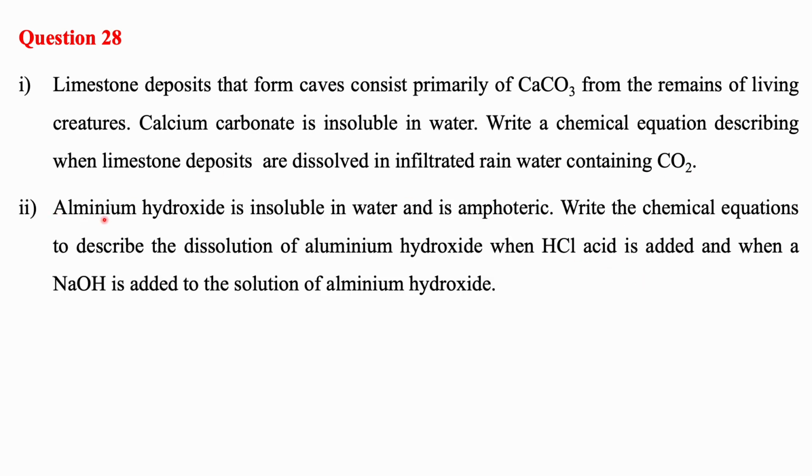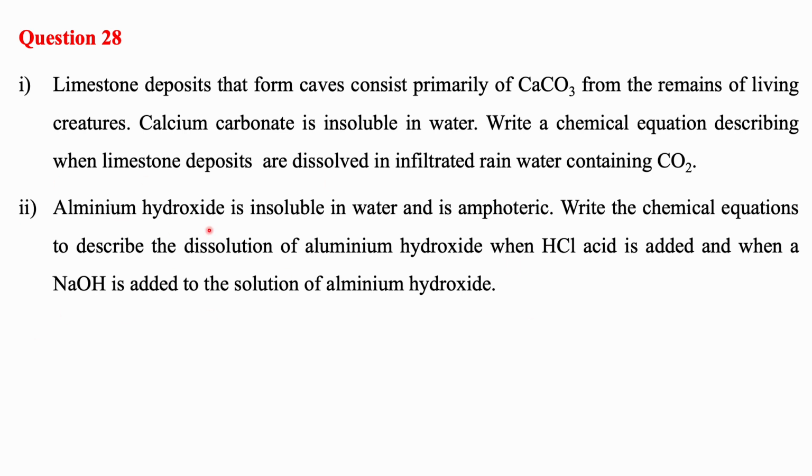They are also asking: aluminum hydroxide is insoluble in water and is amphoteric. Write the chemical equation to describe the dissolution of aluminum hydroxide when an acid is added and when a base is added. We have seen that amphoteric compounds can react with both acid and base, so they are asking for the two reactions.